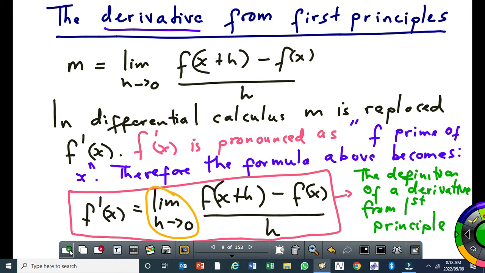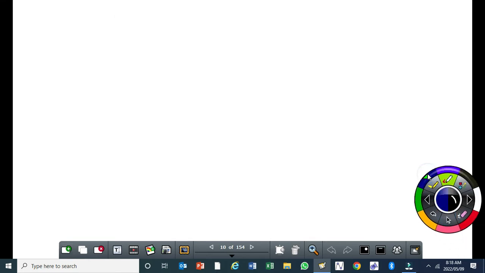Now, the next page. I just want you to be aware of this.